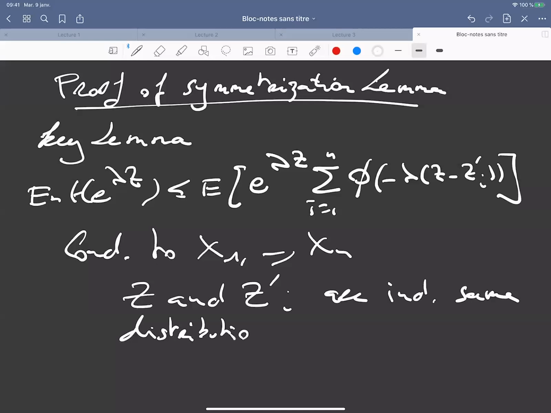So they are exchangeable. This means that conditionally to X1, Xn, Z prime I, Z has the same distribution as Z, Z prime I.